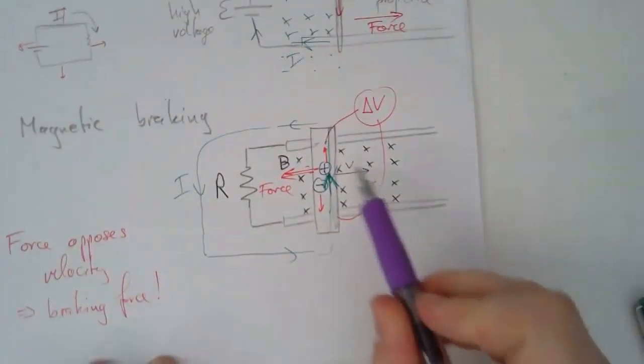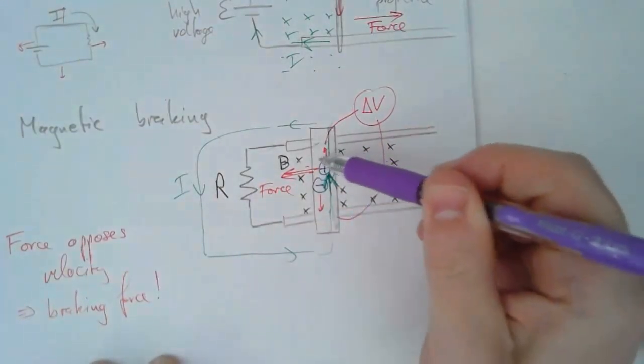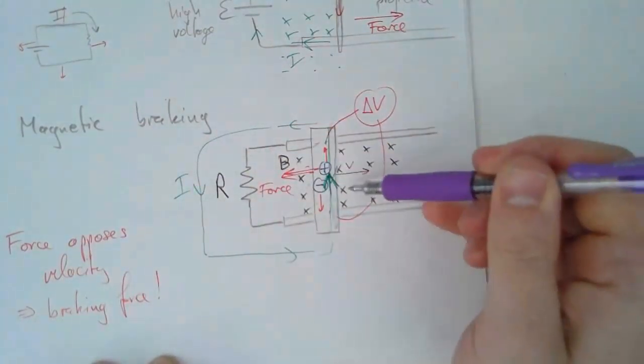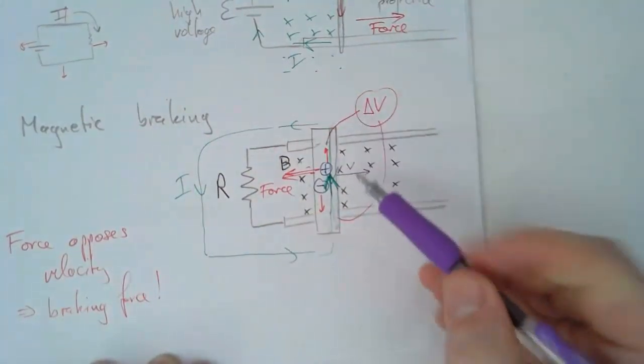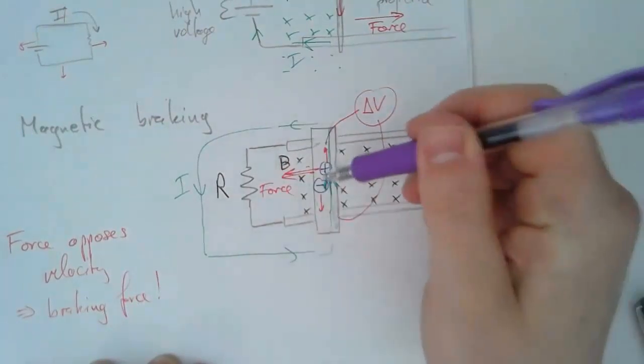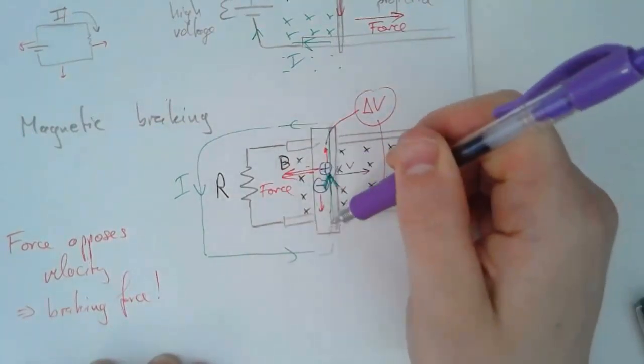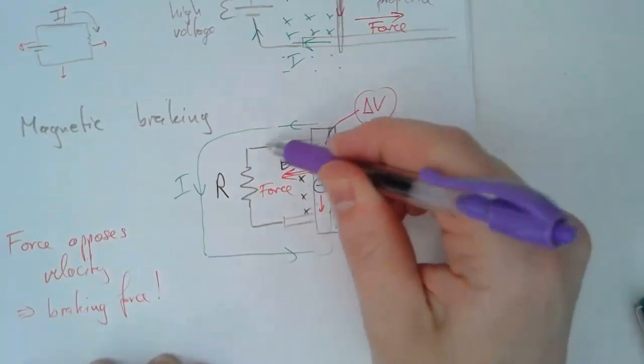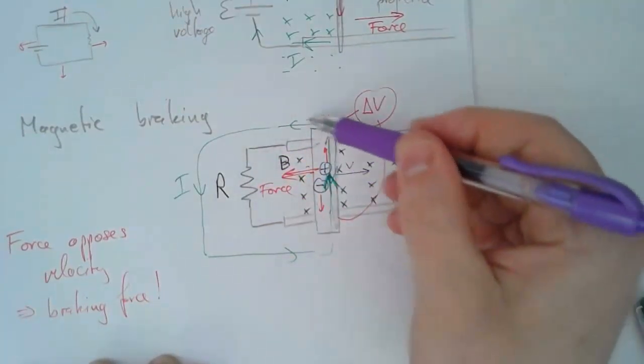The first step is this piece of metal moves to the right, which means any charge inside the piece of metal is moving to the right through a magnetic field. That will make positive charges go up and negative charges go down. But because they're hooked up to these rails, they're conducting, these charges can start moving around and I get a current.